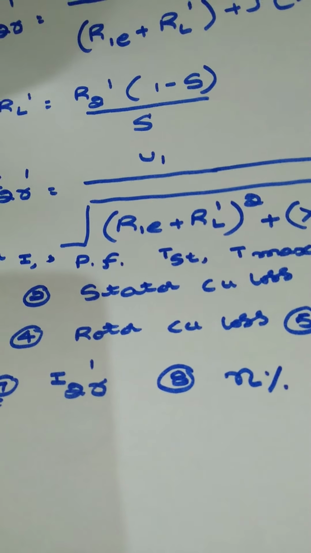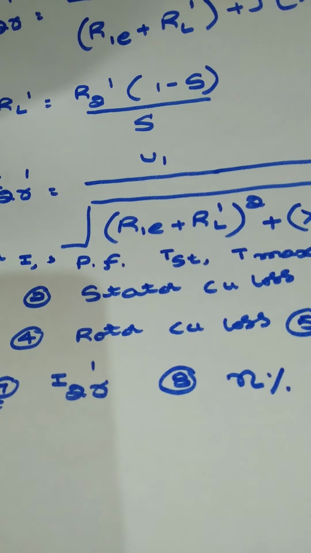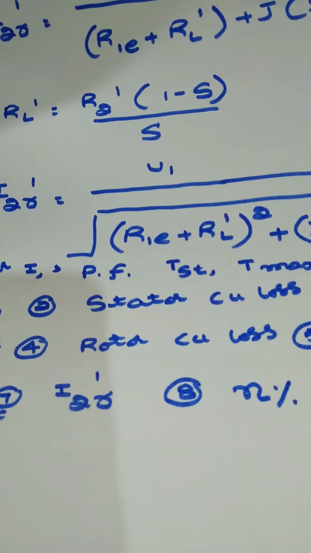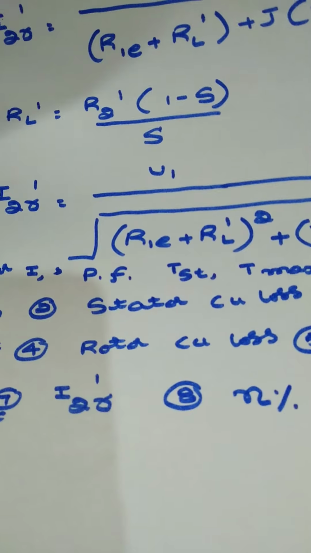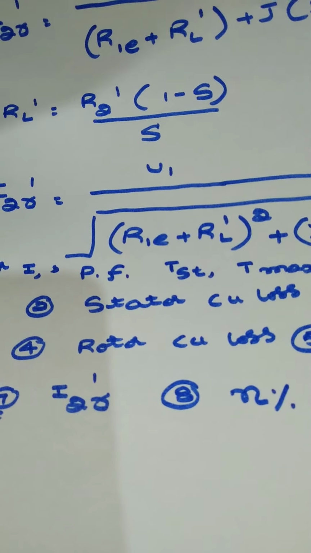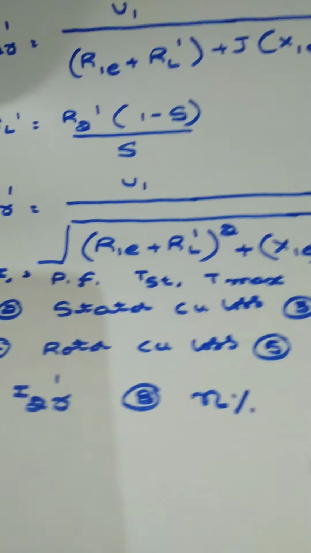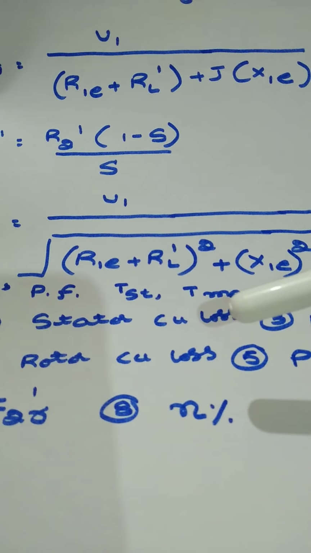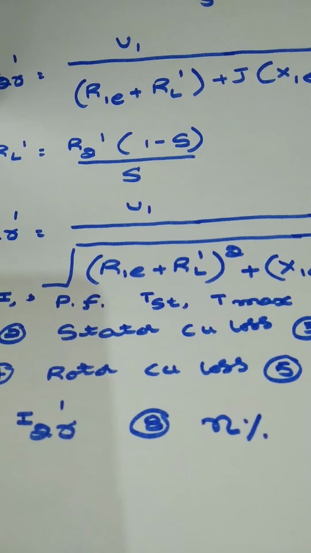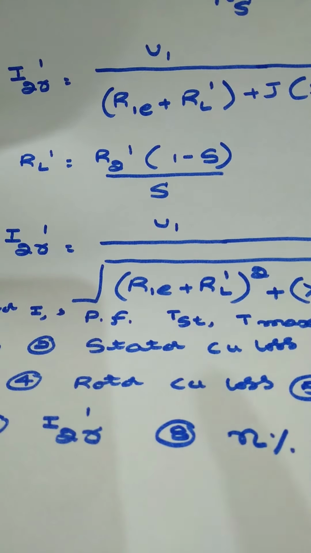So from the equivalent circuit diagram, you can obtain various parameters that will be helpful to determine the efficiency of the induction motor. That is the benefit of this equivalent circuit diagram.